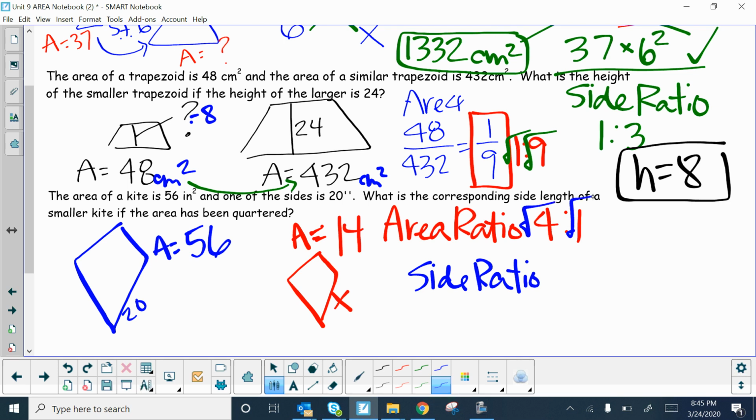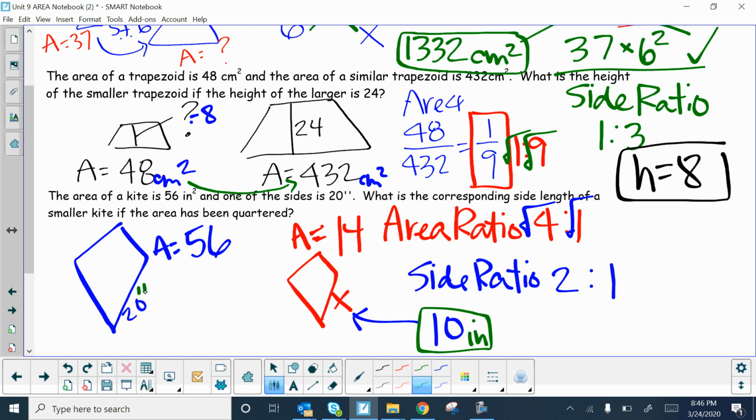Square root. So the square root of 4 is 2. The square root of 1 is 1. So the side ratio is 2:1. So what would that side be? It would be 10. 10 inches to be exact, because it said inches up here. This was 20 inches.